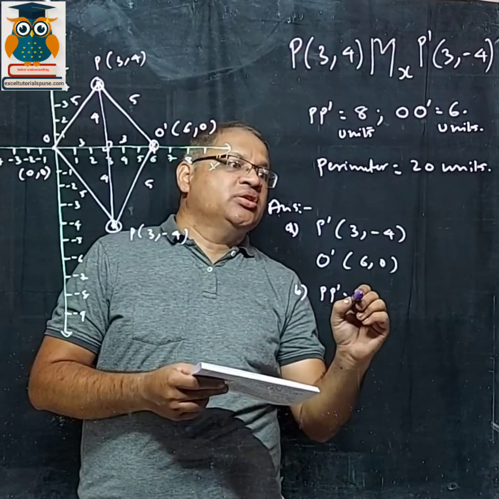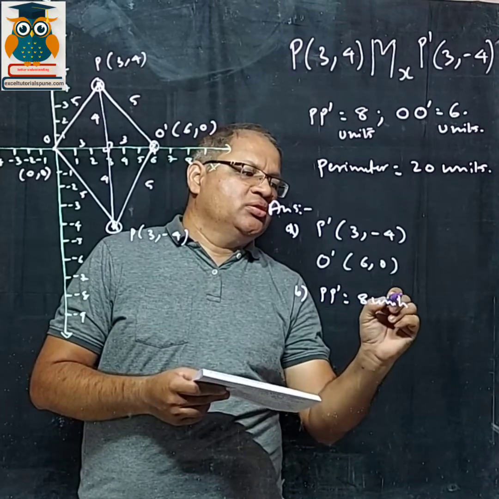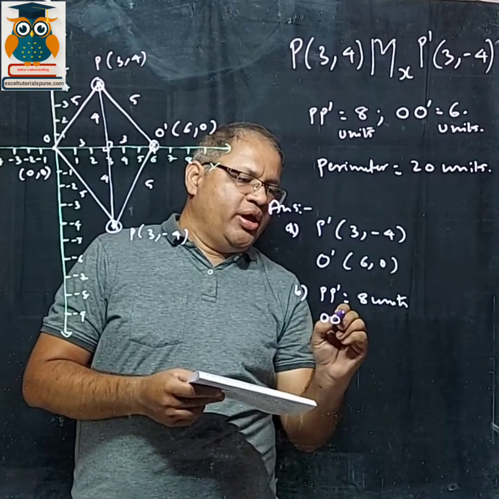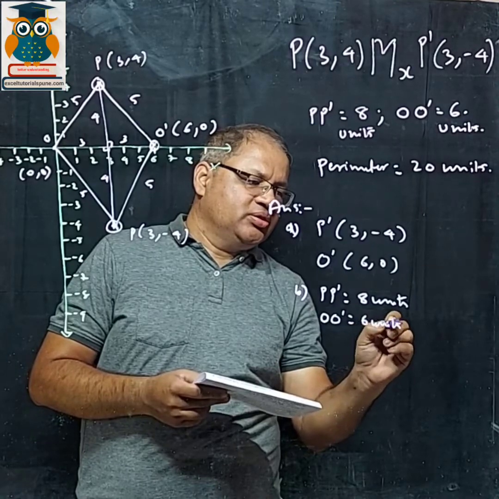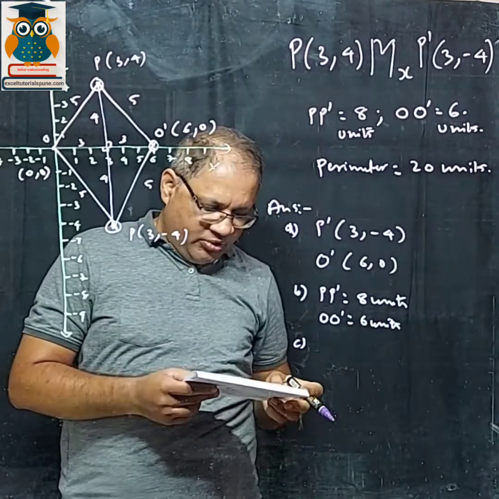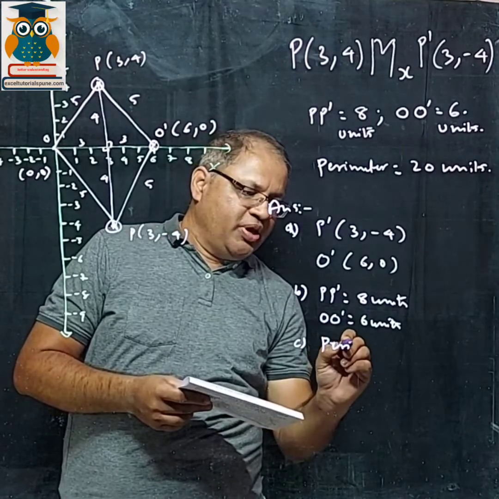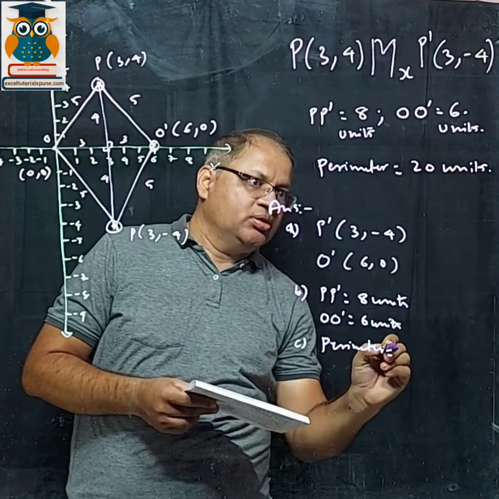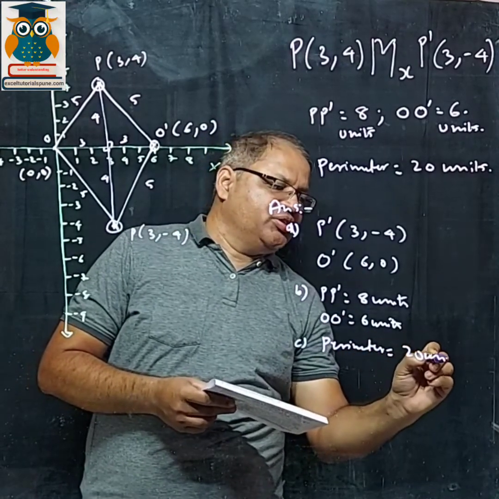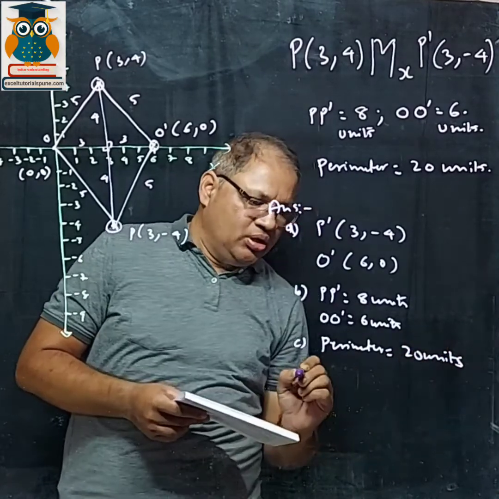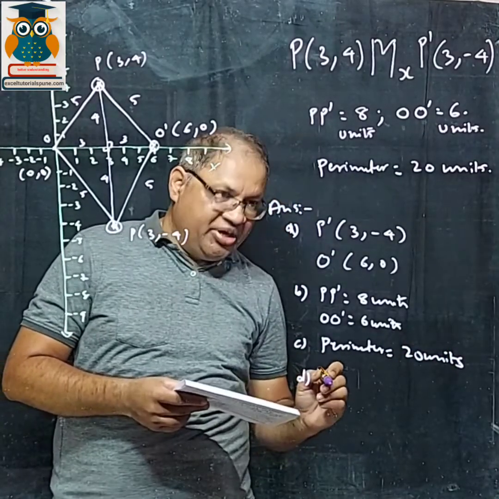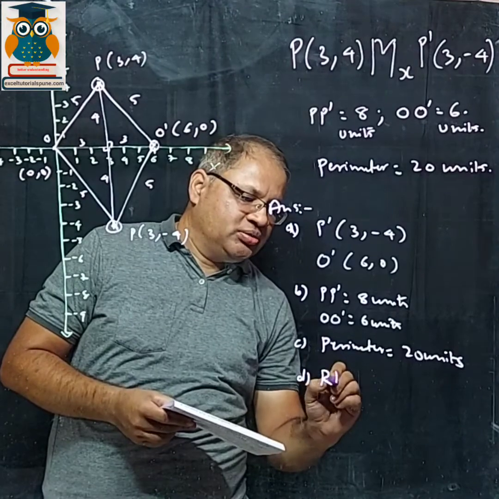P dash is 8 units and Q dash is 6 units. Then C, the perimeter of PQ P dash Q dash. So perimeter is 20 units. Then D, the geometrical name, it's a rhombus.